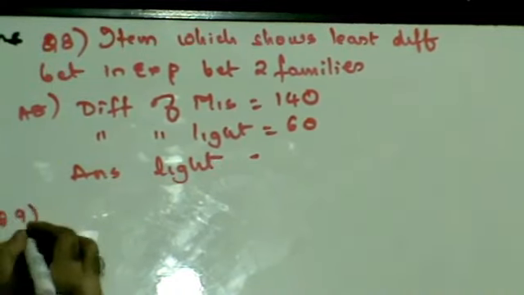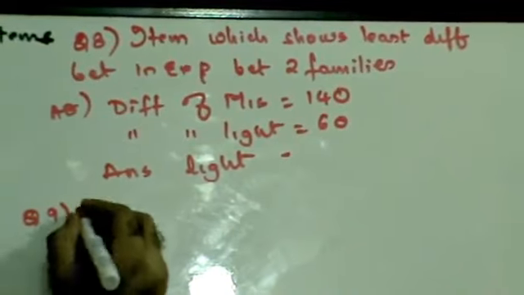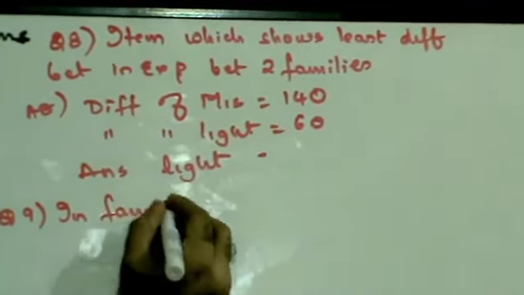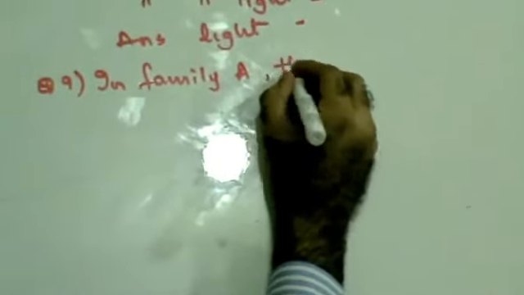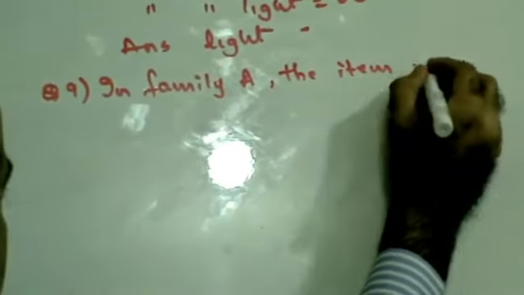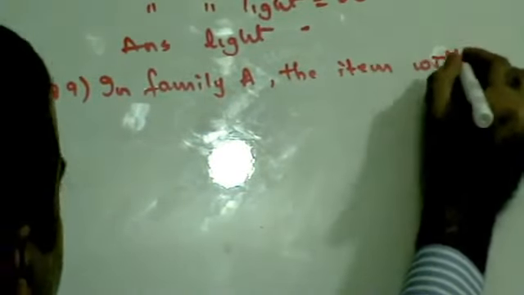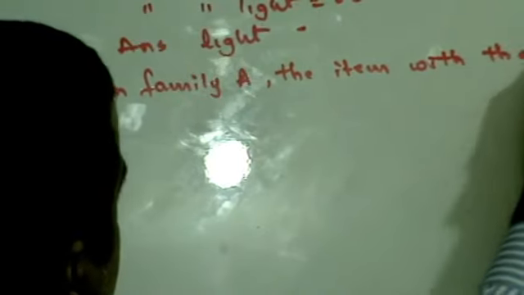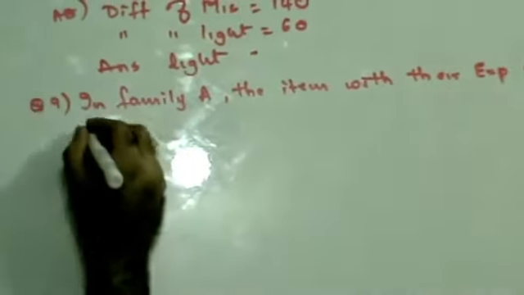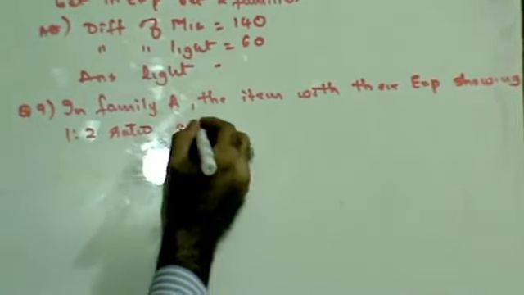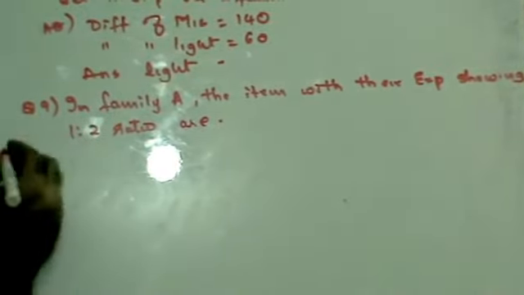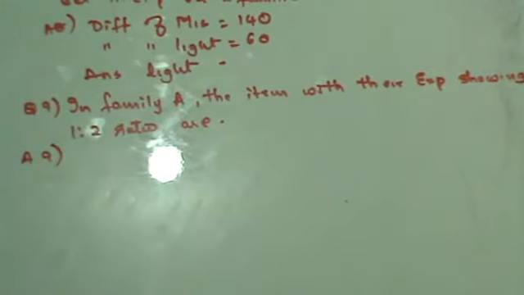Next, question 9. In family A, the item with their expenditure showing a 1:2 ratio. In family A, which are the expenses which are showing a 1:2 ratio? Now, let's see this.